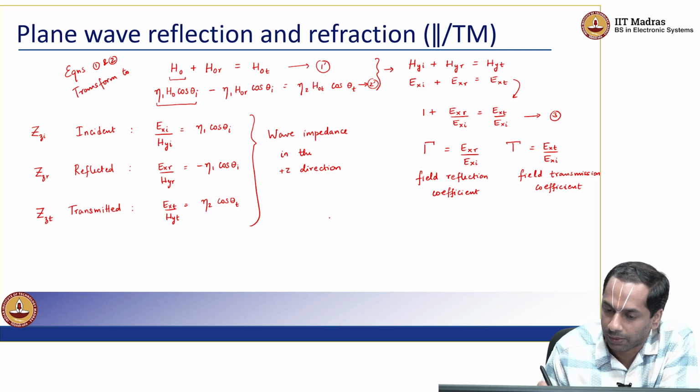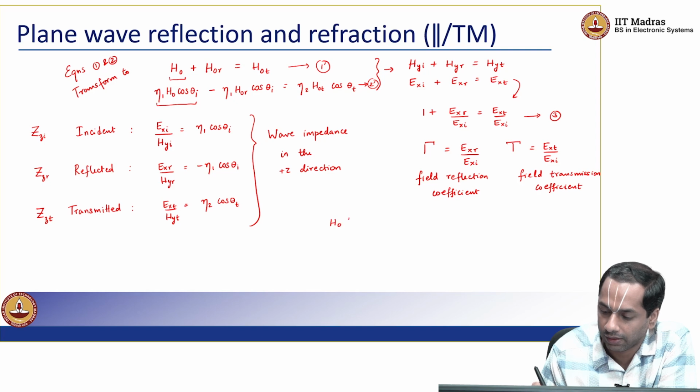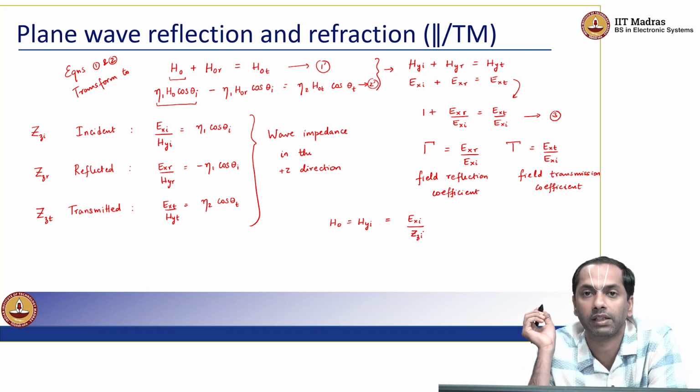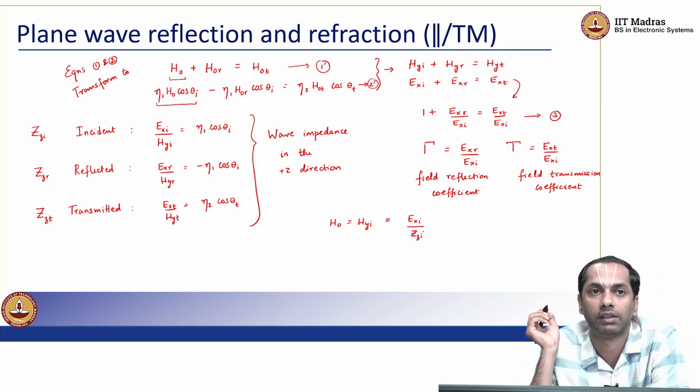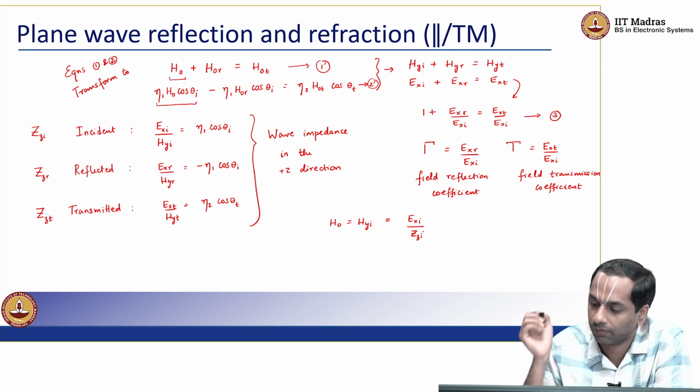So remember, 1 prime is H0i, which is Hyi, which can also be written as Exi by eta 1 cos theta i, or Zzi. Eta 1 cos theta i is simply Zzi.